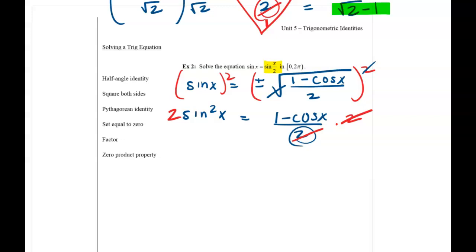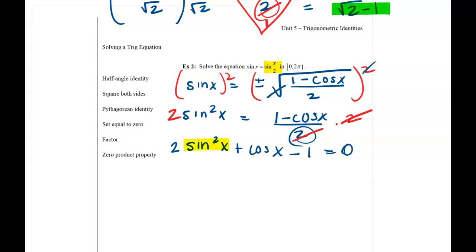So now I think I'll set the whole thing equal to 0. I'm kind of concerned that I have sines and cosines, but I'll deal with that in a moment. So 2 sine squared x, plus cosine x, subtract the 1, equals 0.